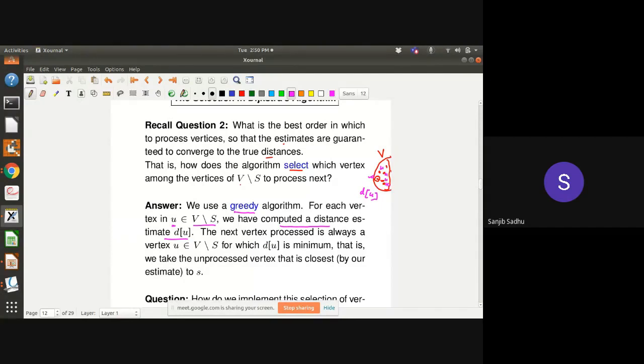I will take the one for which the du value is minimum, and I will add it to the set of vertices S. But automatically there will be a question: what is the guarantee that you will get the minimum? Greedy is always easy to design but difficult to prove.